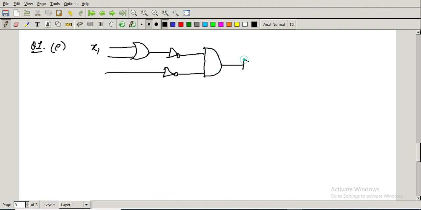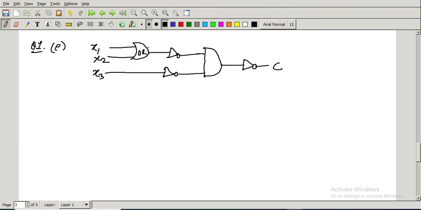Now we have again this. So this is your X2 input, this is the X3 input. Now solve it. Let me start from here. So this is your OR gate.